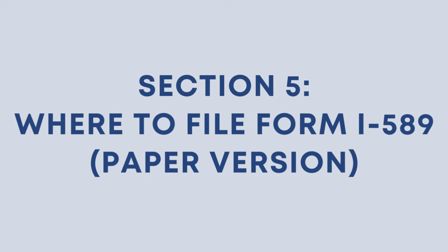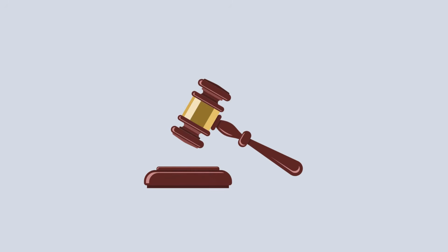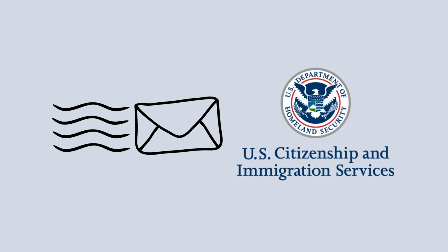Section 5. Where to file Form I-589, paper version. Where to file the paper asylum application depends on whether you have a case in immigration court or not. If you do not have a case in immigration court, then you can mail your asylum application to USCIS.